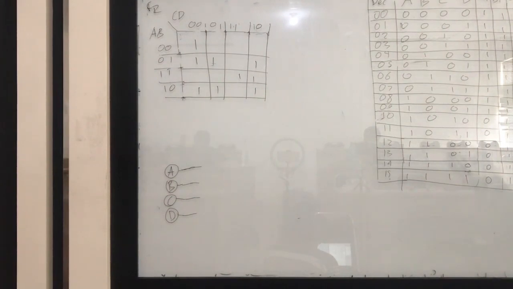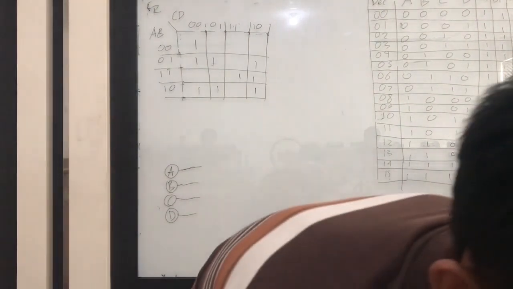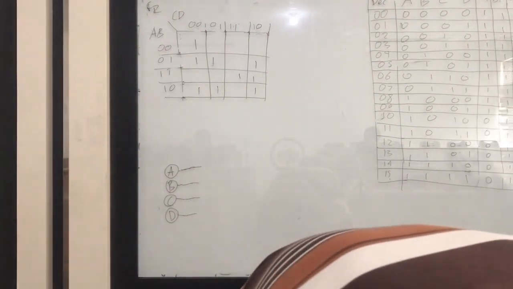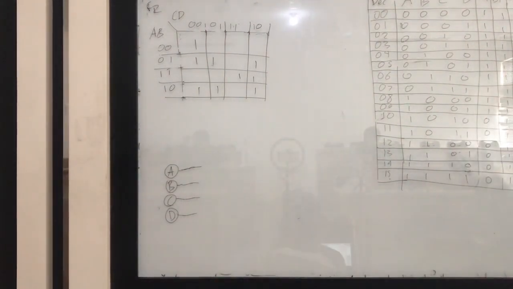B not D. Aduh, sapon susah tuh. 1, 2, 3, 4, 5. 3, 4, 5, 6. Ini 6. 1, 2, 3, 4, 5, 6.